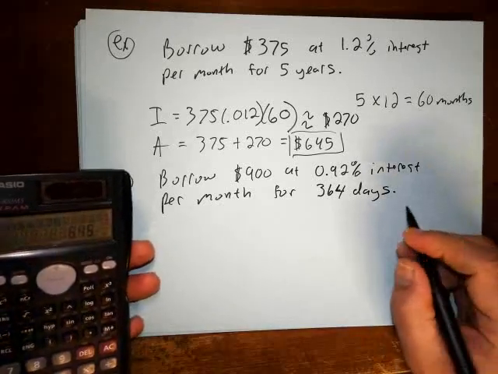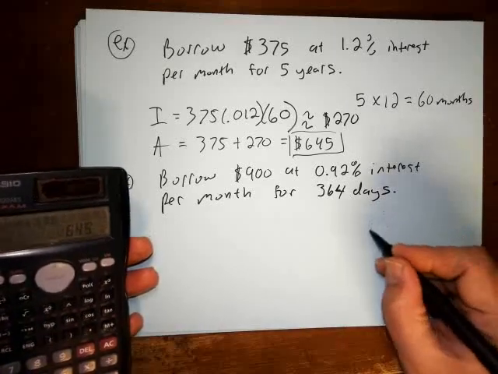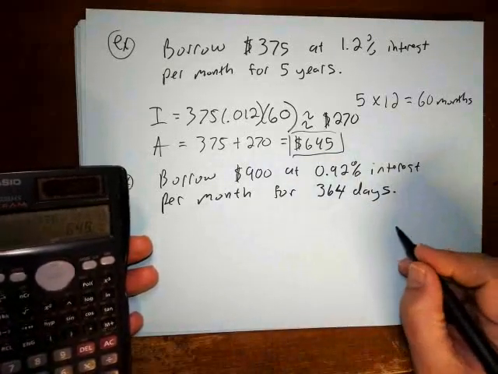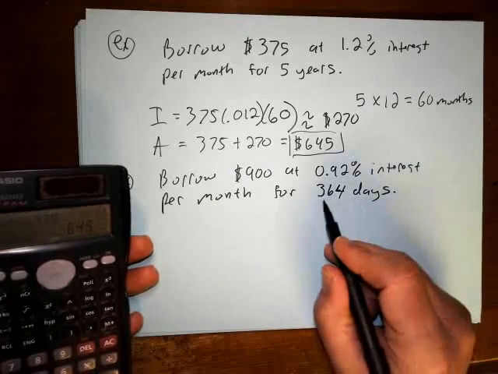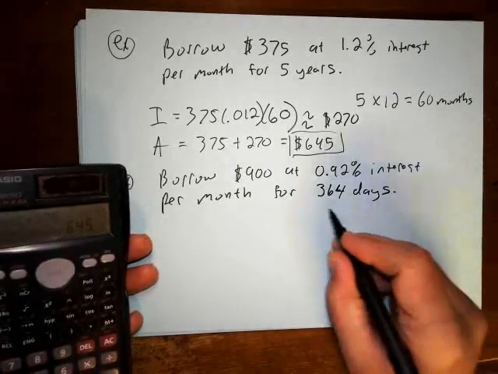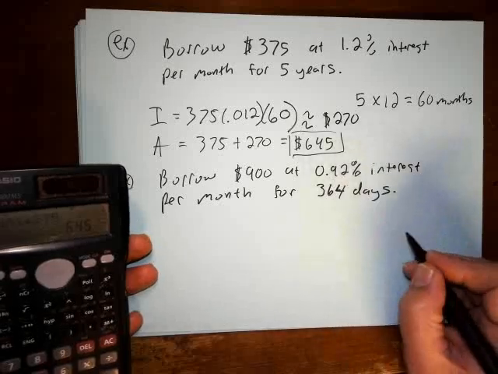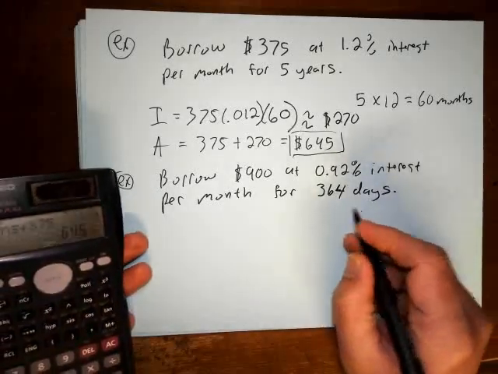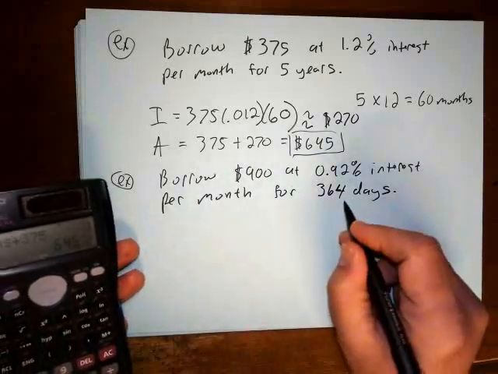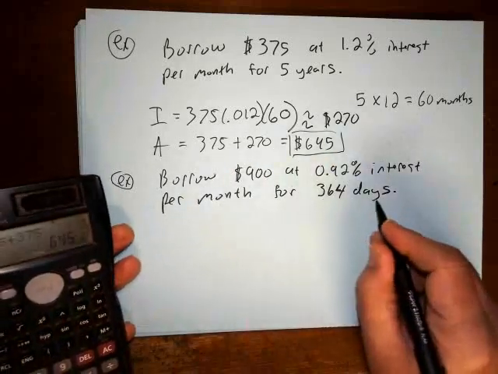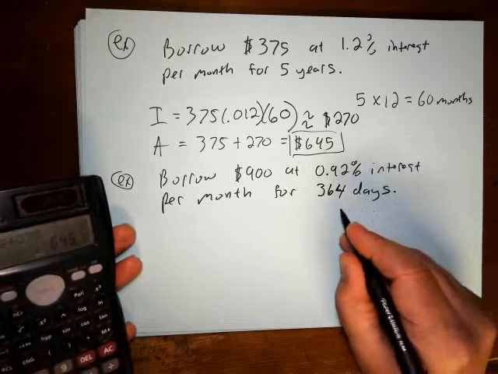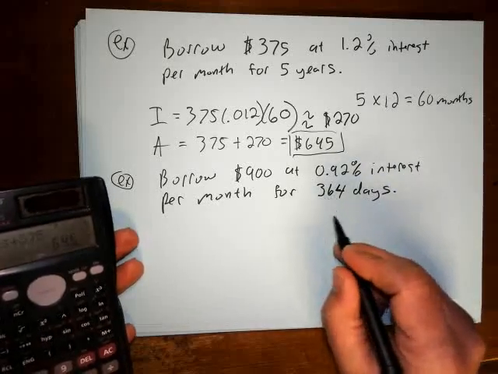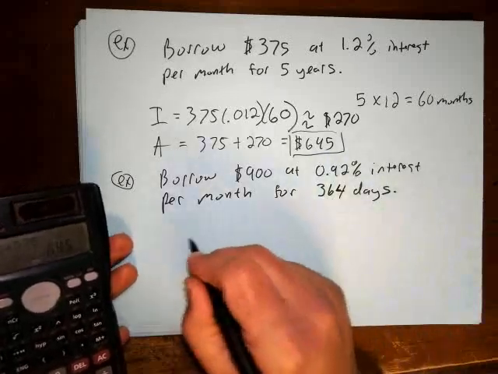Okay, so this is a little strange, but it's like I'm taking my month, I'm splitting it up into 30 days, right? And those are the pieces, and I'm taking 364 of those little pieces. So it's like an improper fraction here. So basically what I'm doing is dividing the number of days by 30 to get the number of months, right? I'm going to divide this into groups of 30 to get the number of months.